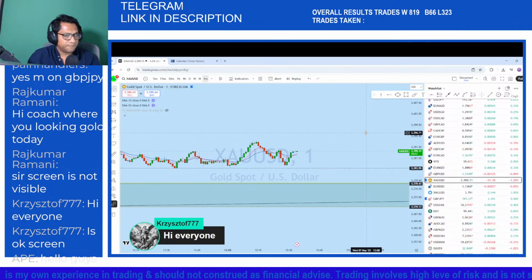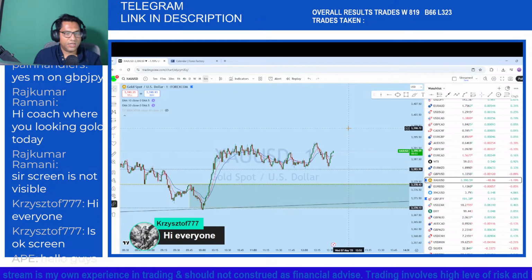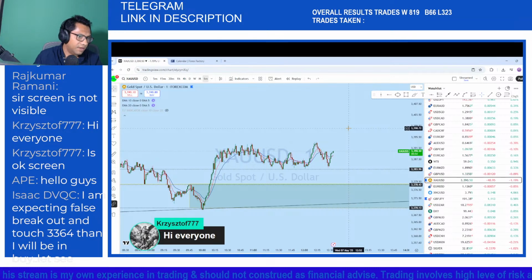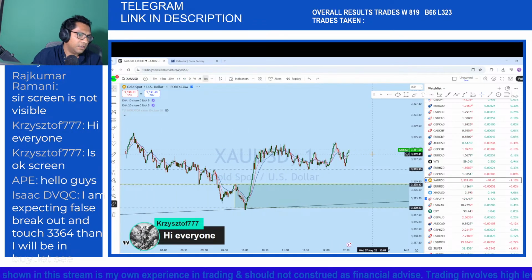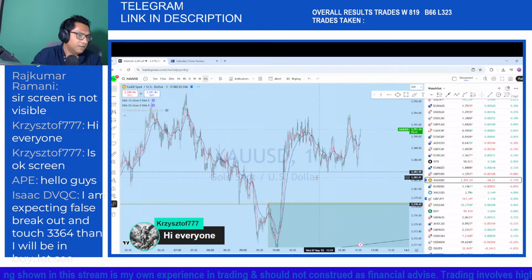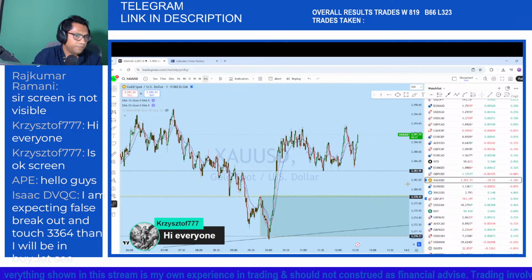From the 1 minute, the structure that you can see is very disorganized. In this area there is a big move and then sideways.